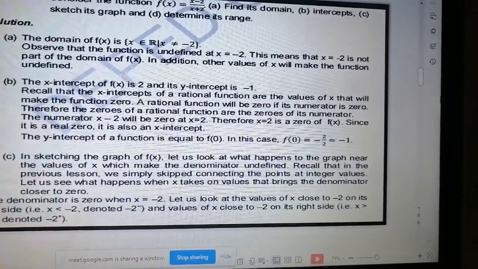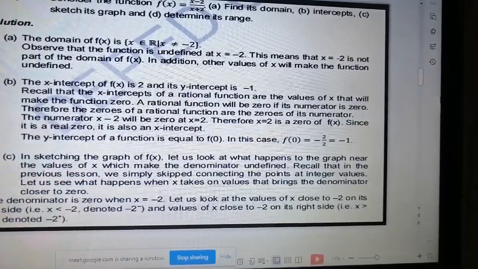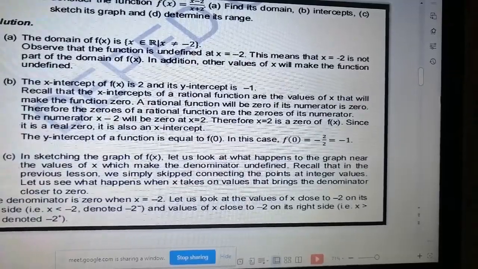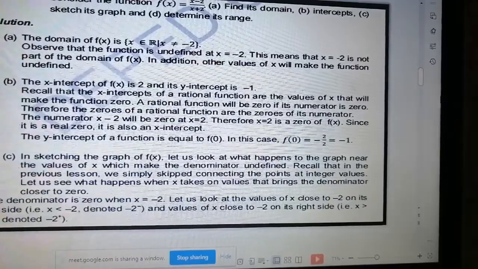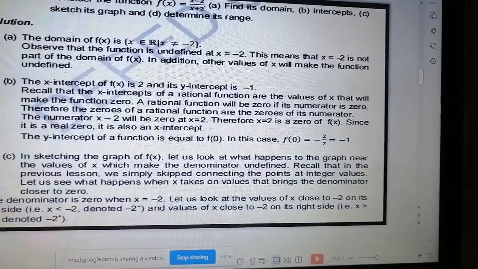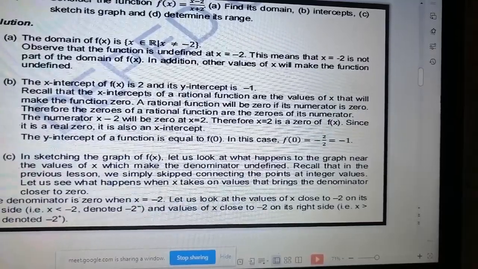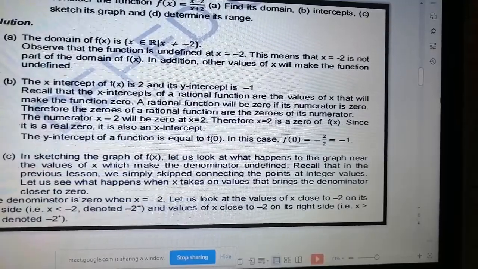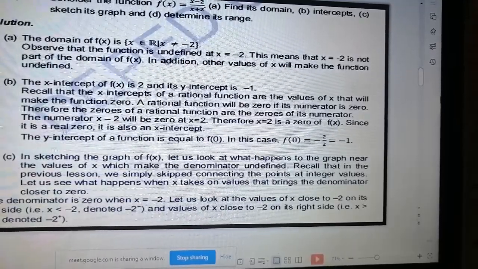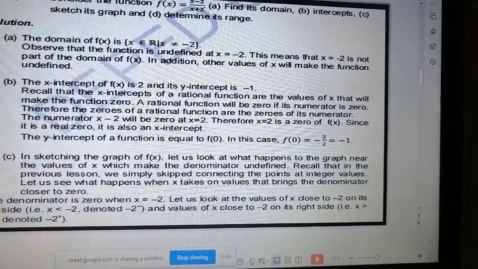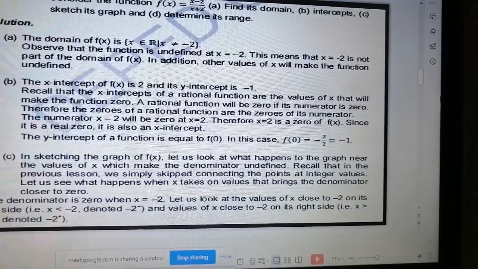Therefore, x equals 2 is the zero of function f. Since it is a real zero, it is also an x-intercept. The y-intercept is the function value at x equals 0. In this case, f(0) equals negative 2 over 2, or equal to negative 1, kasi negative 2 divided by 2.